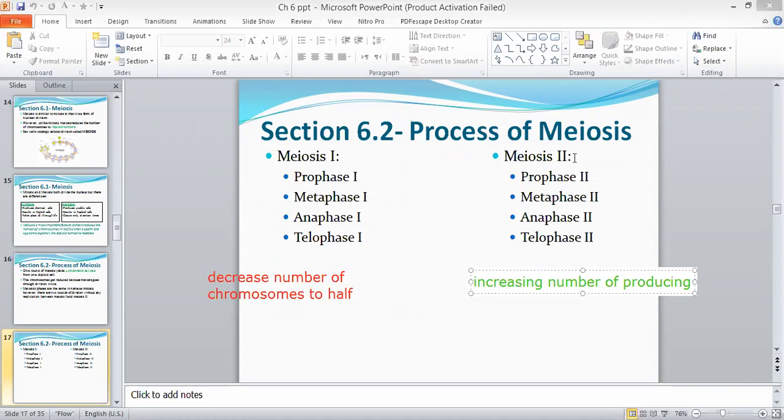So meiosis 2 is important, similar to mitosis, just increasing the number of producing cells. It's not related to the number of chromosomes. Just meiosis 1 affects the number of chromosomes by decreasing it by half. You got it? Guys, you got it? Yes.